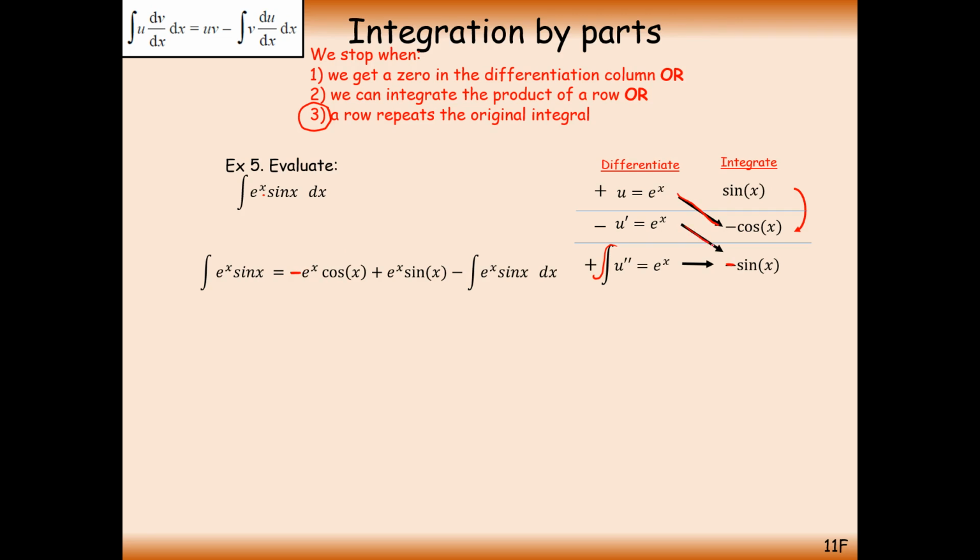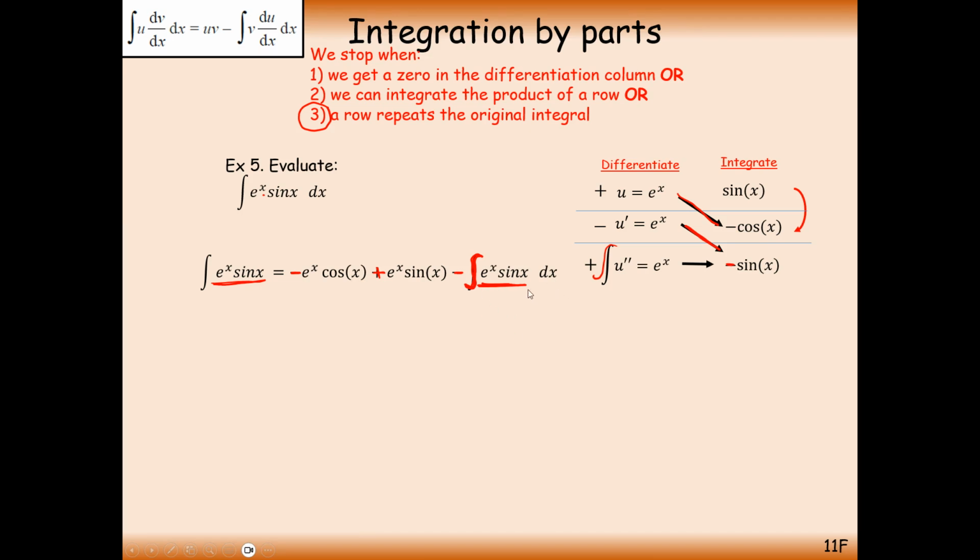Then we have a product of negative e to the power x times negative sine. That's why there is a positive sign here. And finally, this integral. Notice this integral is exactly the same as the original question itself, because the sine of x does converge. Okay, and what do we do in this case?